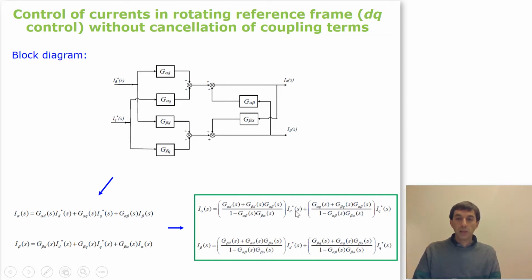Alpha current depends only on the D current reference and Q current reference, and now does not depend on beta currents, and something equivalent for beta currents. So these are the decoupling expressions.